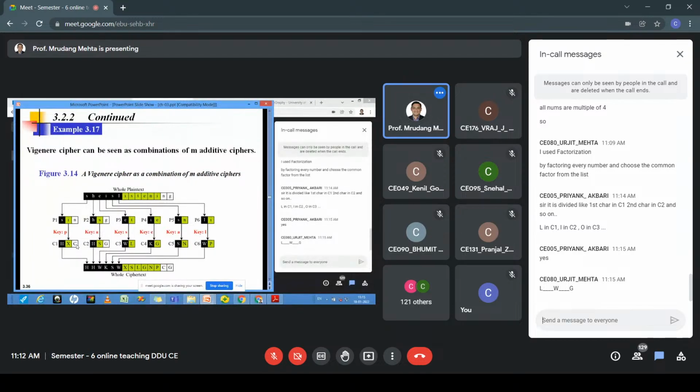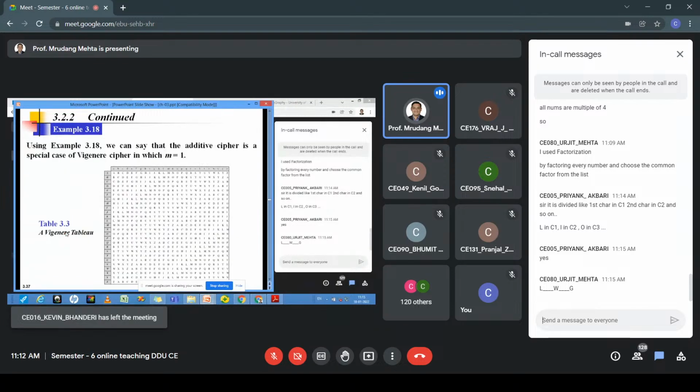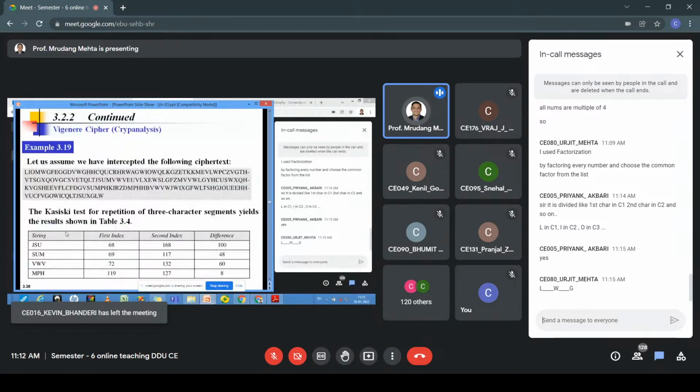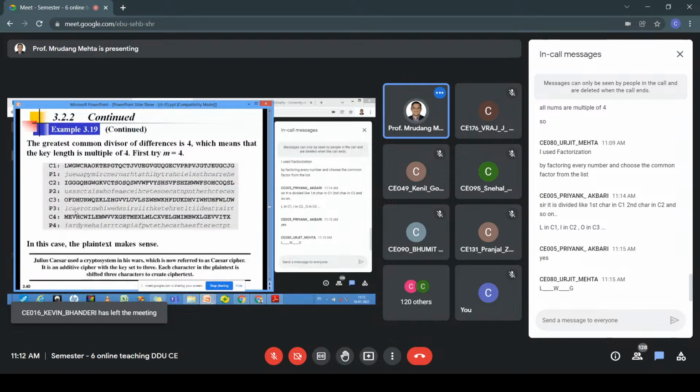HXC, right? So for this key, we have several letters which repeat with the same character, right? So Priyank, you are right, and Urjit also has understood. I hope that others have also understood. LIOM, WGFE.